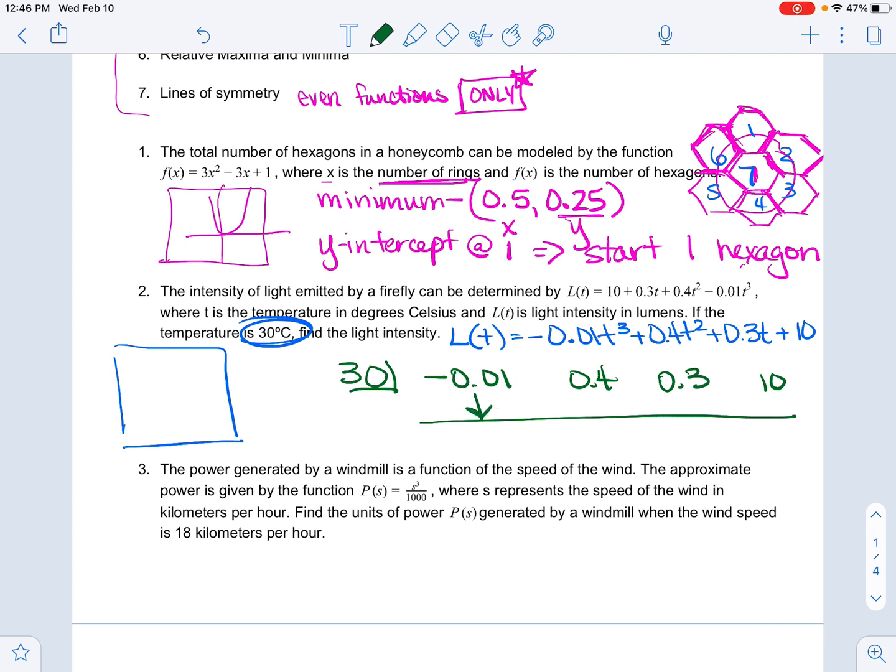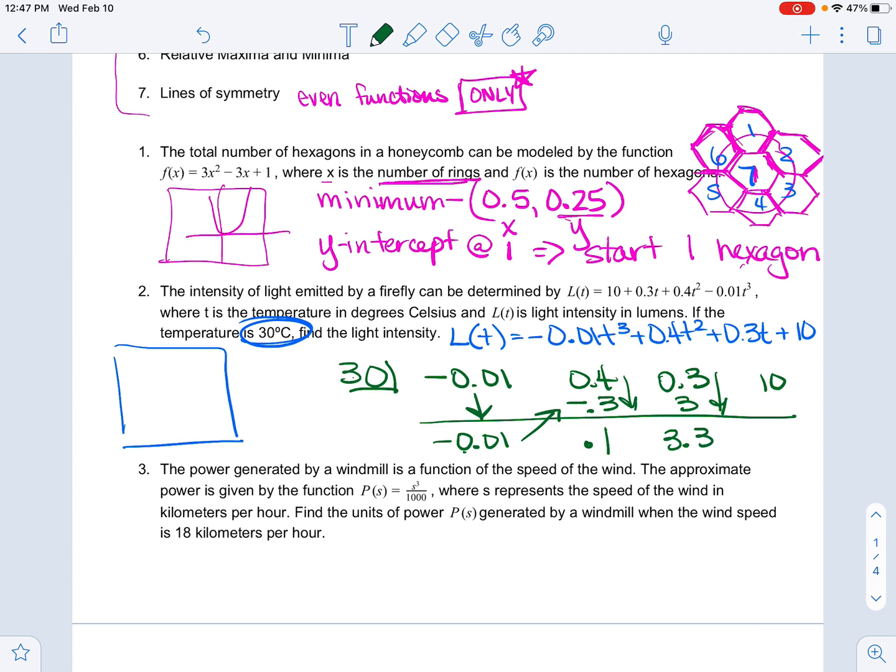We bring it down. We multiply up. So we do 30 times the negative 0.01, which is going to be a negative 0.3. We add straight down. We multiply. We add straight down.